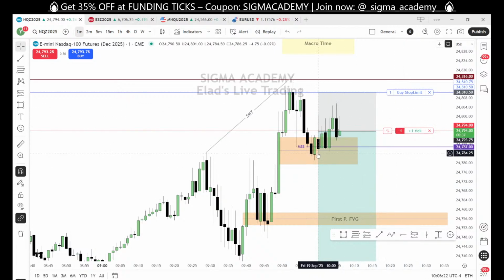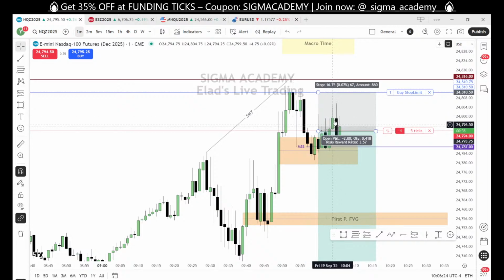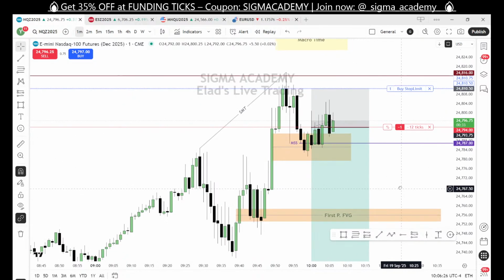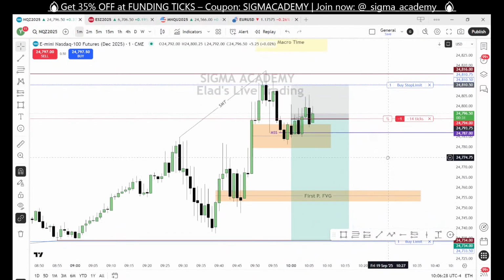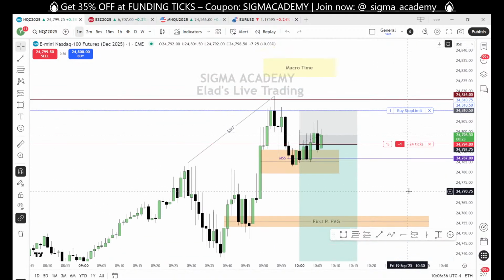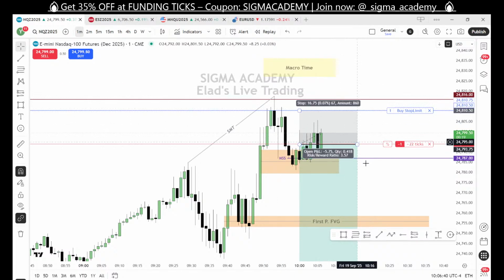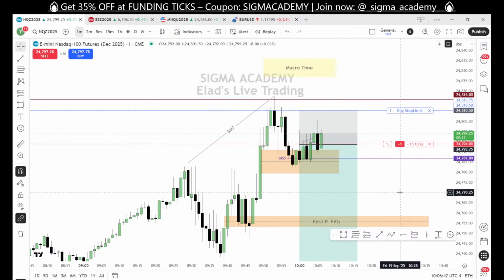Up candles should send us lower. It may go take us again. Come on.